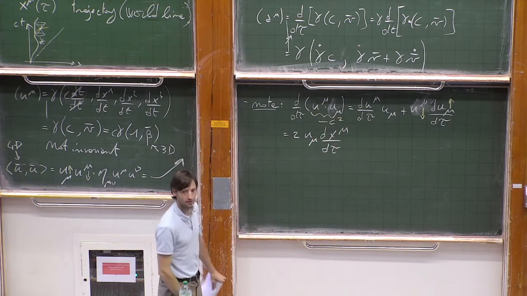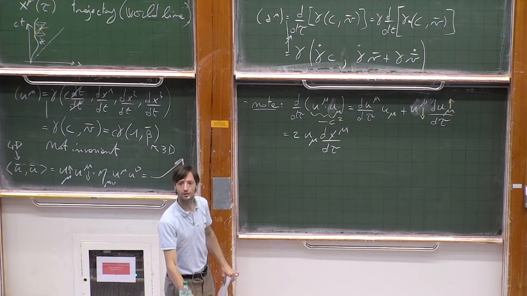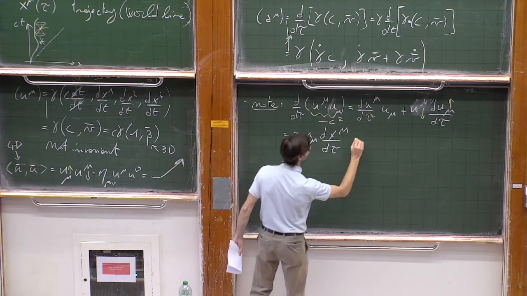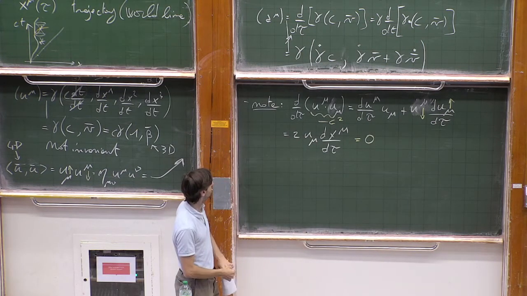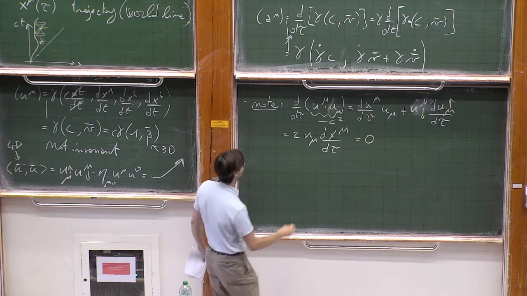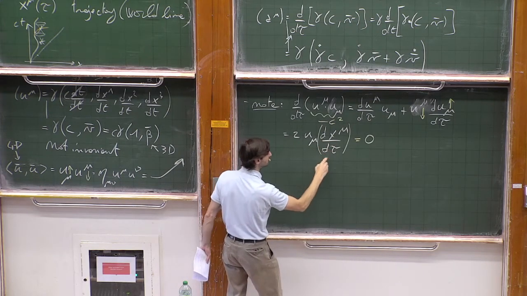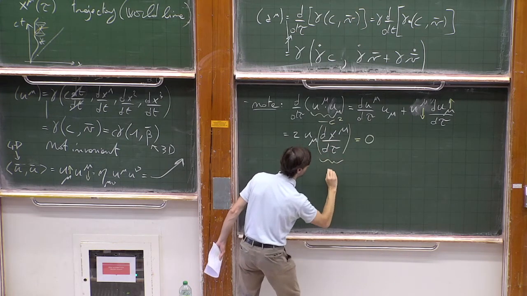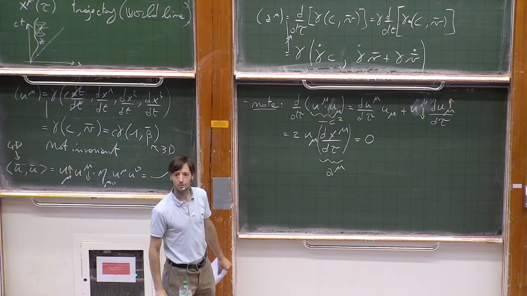It's an invariant. It's a constant. What's the derivative of a constant? 0. Therefore, this is equal to 0. What do we learn by making this little thing? That this guy, the d u mu over d tau, which is our four-acceleration, is always orthogonal to u mu.